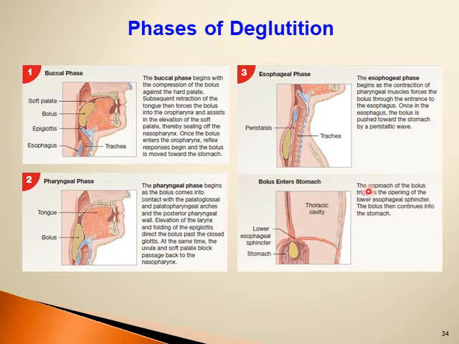The approach of the bolus triggers the opening of the lower esophageal sphincter, or the LES as an abbreviation. The bolus then continues into the stomach. When the bolus enters the stomach, the lower esophageal sphincter will contract to avoid the regurgitation of the gastric content into the lower esophagus.